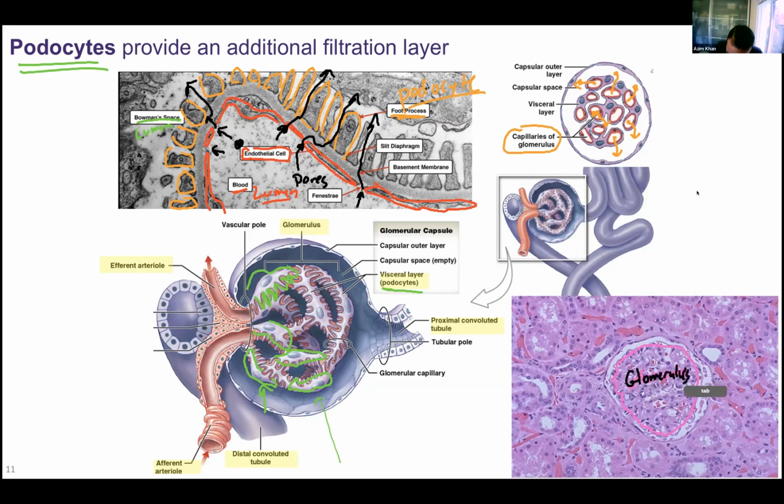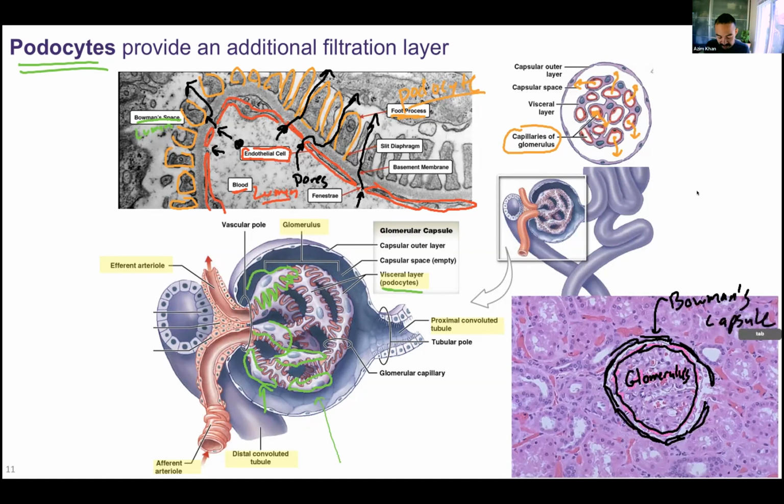Here is the glomerulus, and then here are the simple squamous epithelial cells of the Bowman's capsule. There's a lot of stuff around it, and that's what we're going to get to next.